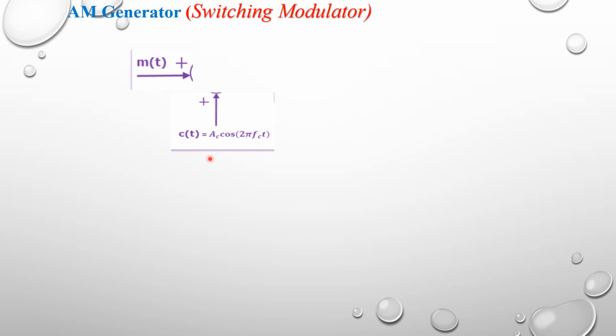So we have two signals, the message signal and the carrier signal. Both are connected to a summer circuit, and the output of the summer circuit is V1 of t, which is the sum of the input signals m of t and c of t.